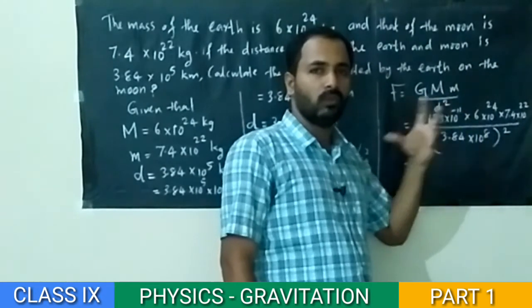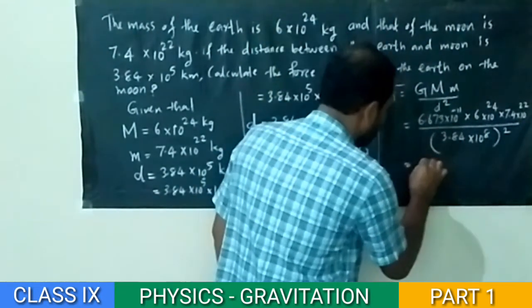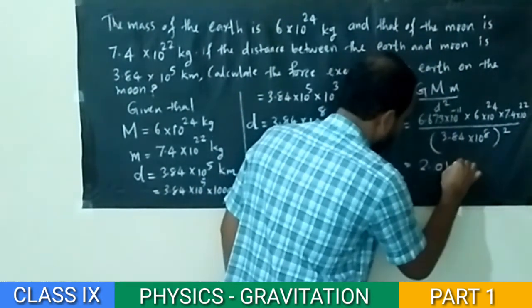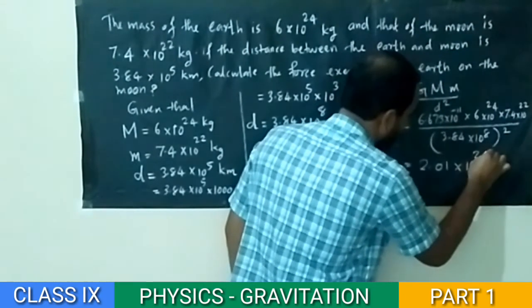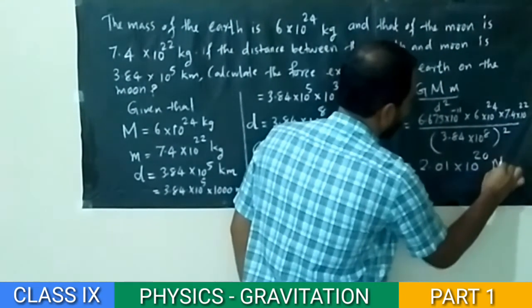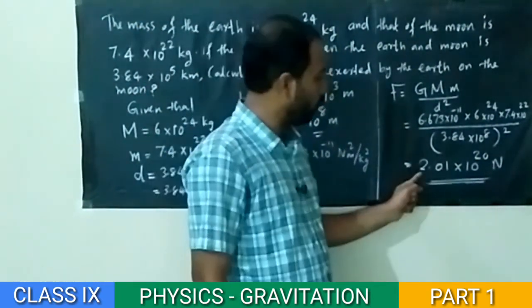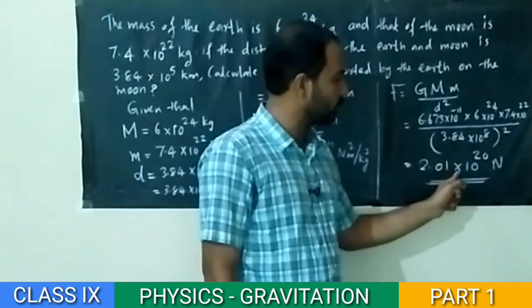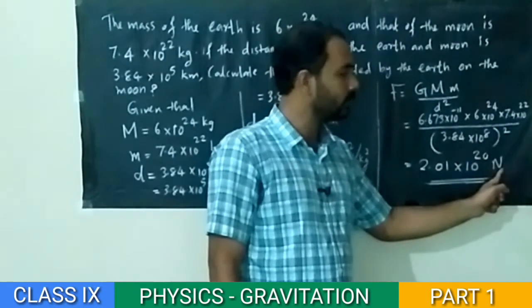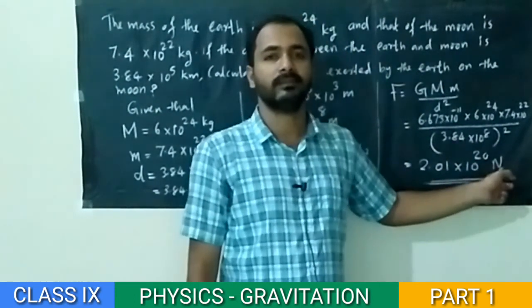So we will get 2.01 × 10^20 Newton. The final answer is 2.01 × 10^20 Newton.